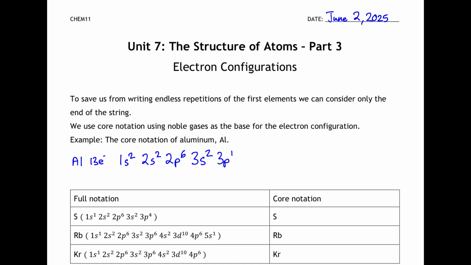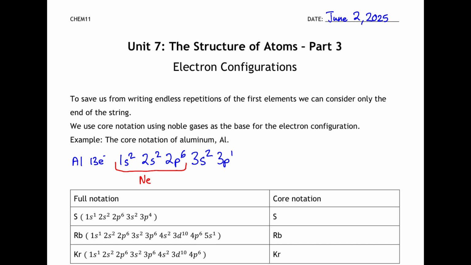What element does this chunk correspond to? You can do this just by adding up the tops. If you add up the tops, what do we get to in this chunk? 10, right? So what element is 10? It's neon. So this chunk is the same as neon.